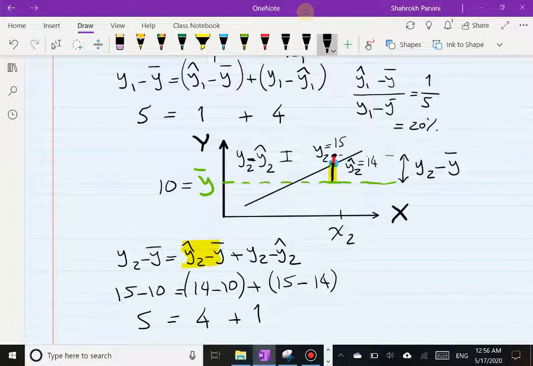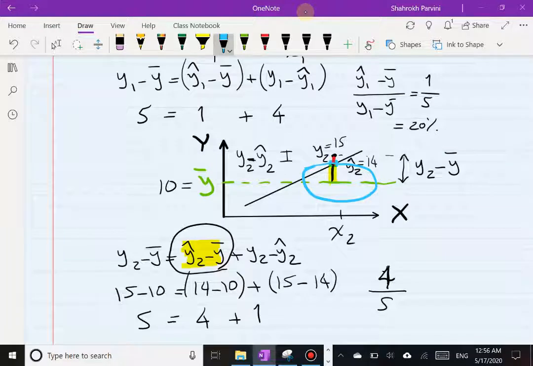Now let's look at the percentage, the ratio of the piece that's explained by the regression line. I'm looking at this part right in here, y hat 2 minus y bar, which is this highlighted distance.